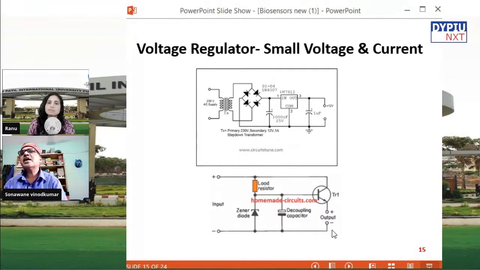As I have described various types of diodes, the Zener diode also acts as a voltage regulator, and we can simply put one decoupling capacitor in parallel with the Zener diode and an appropriate load resistor, and you can connect this circuit and get the output at the emitter. So this is also a small voltage regulator, which is very simple to build and make in the house or in the laboratory. Okay, next.